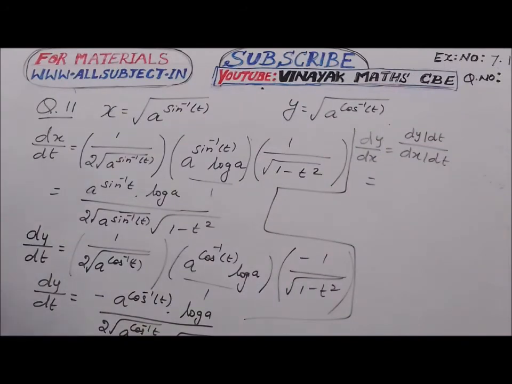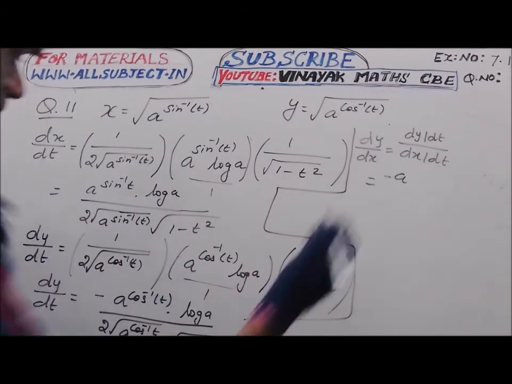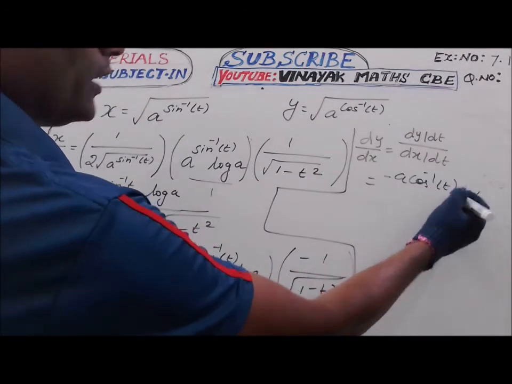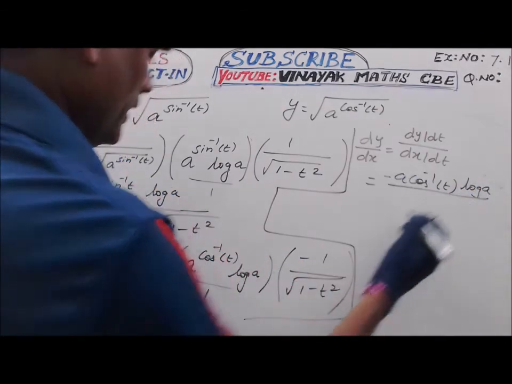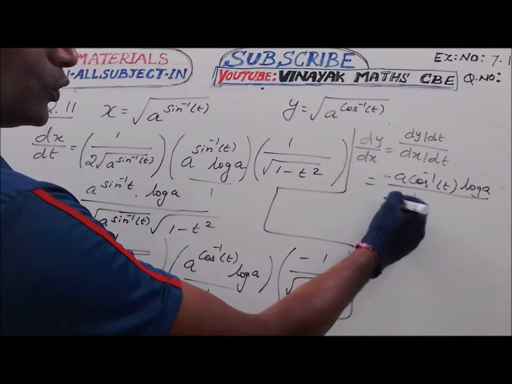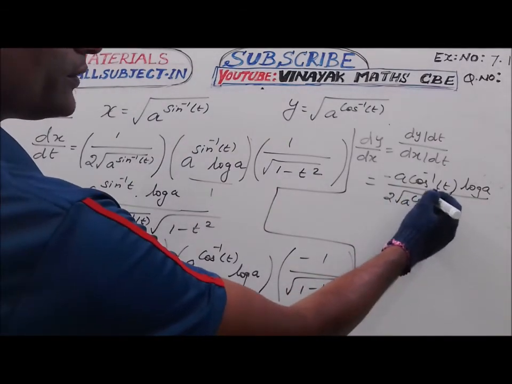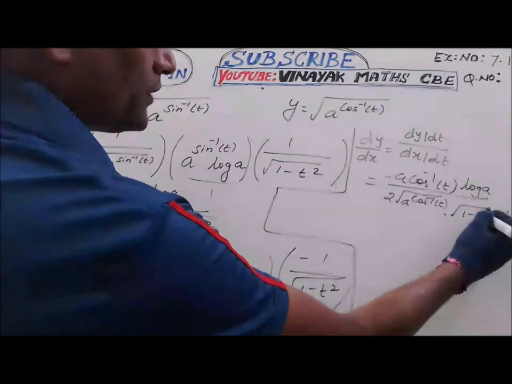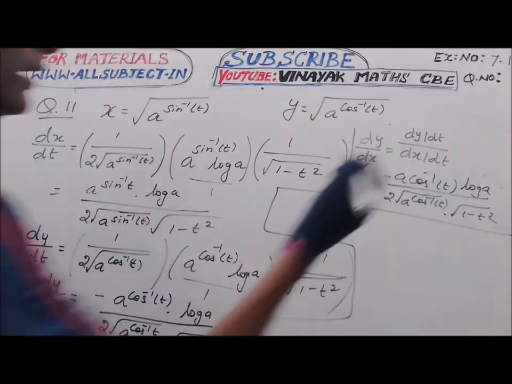Now substituting the values here, minus a cos inverse of t into log a divided by 2 into root of a power cos inverse of t into root of 1 minus t square, whole divided by dx by dt.